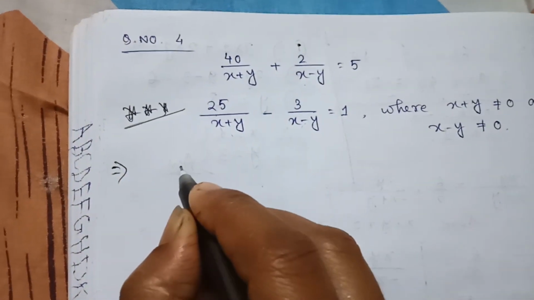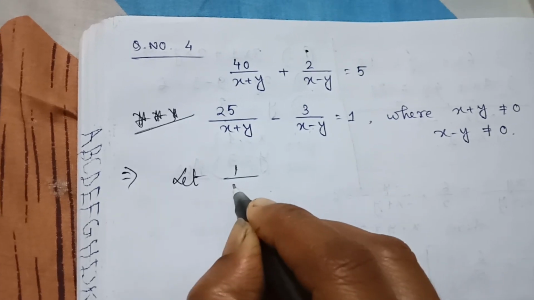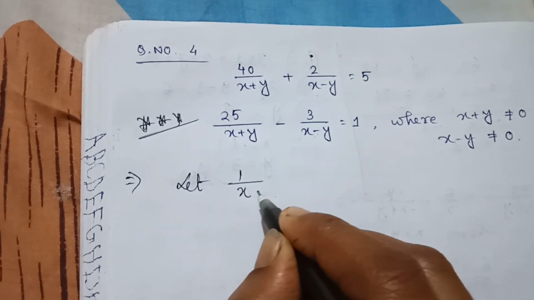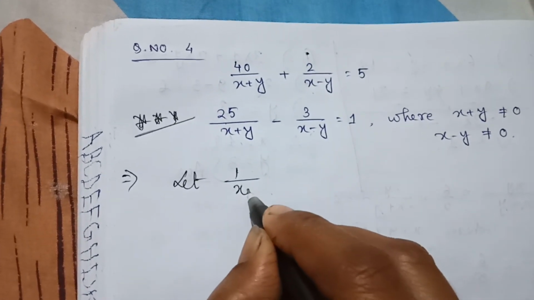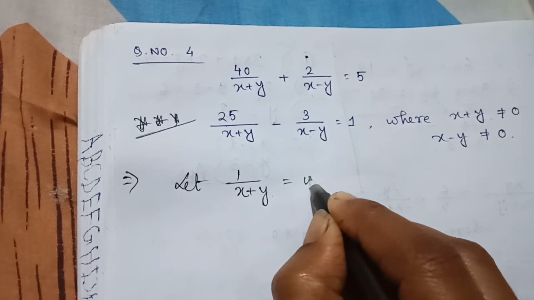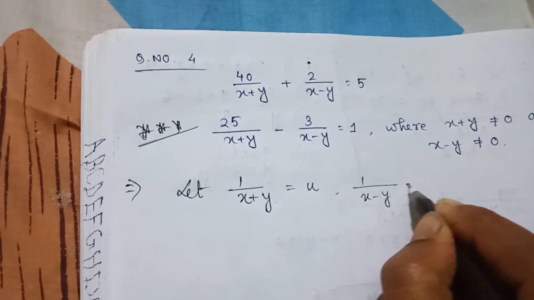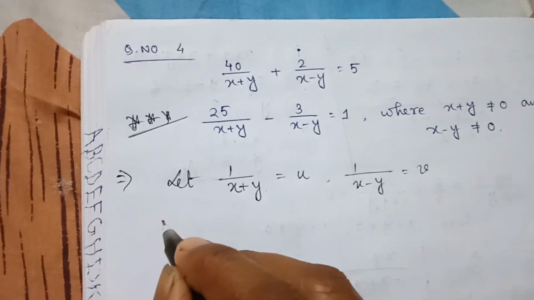That means previously we have taken 1 by x and 1 by y. Now we will be taking 1 by x plus y equals u, and 1 by x minus y equals v.